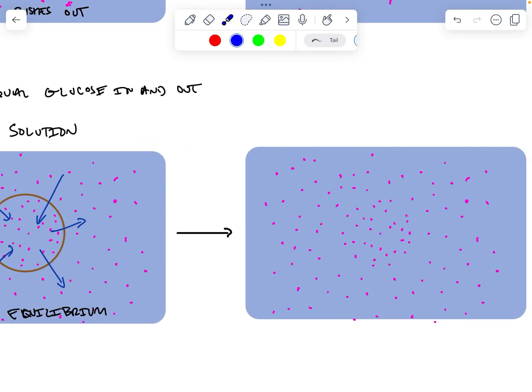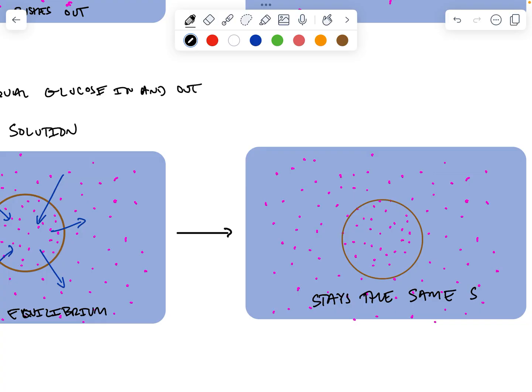So here we have a cell that stays the same size. Okay.